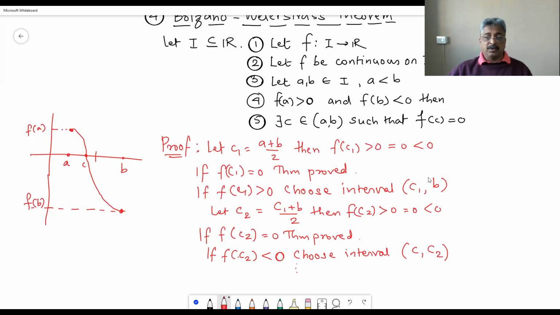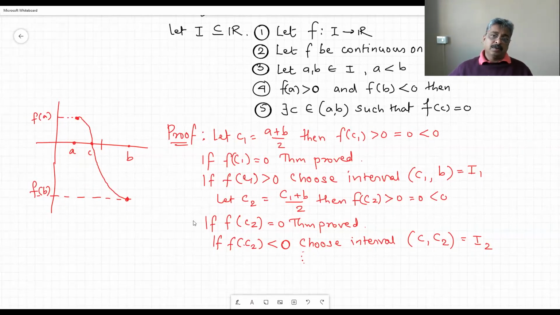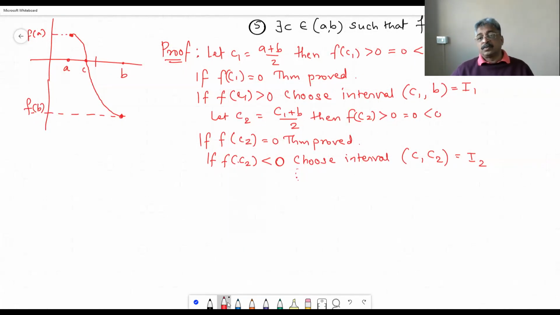Let us name these intervals. First one is I, second one is I1, this is I2, and so on. Now instead of open interval showing, I can always show them as closed interval, because the values of the functions at the boundaries are known to us, and let us fabricate situation for application of Cantor intersection theorem.